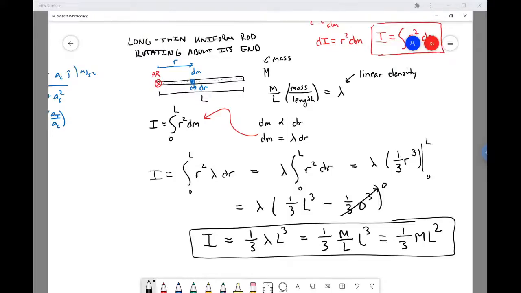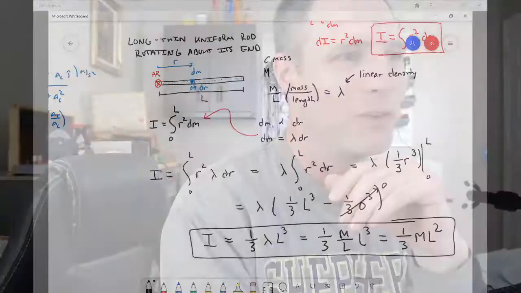You have a unit of mass, kilograms, and a unit of distance squared. So the units are kilograms meters squared for rotational inertia. But you have that coefficient 1/3. And if you move the axis of rotation to the center, you'd get a completely different answer.